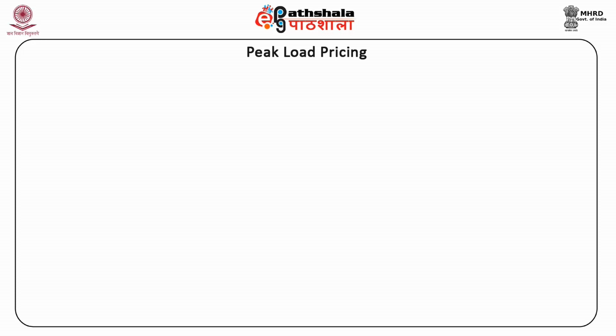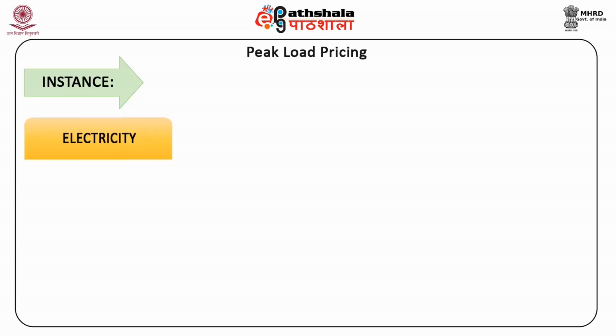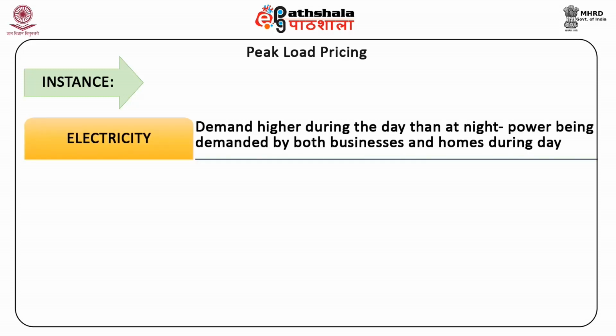There are certain products and services for which demand varies by time of the day, the week, the season, or the year, and supply costs also vary with the extent of demand. For instance, the demand for electricity is higher during the day than at night, power being demanded by both businesses and homes during the day.